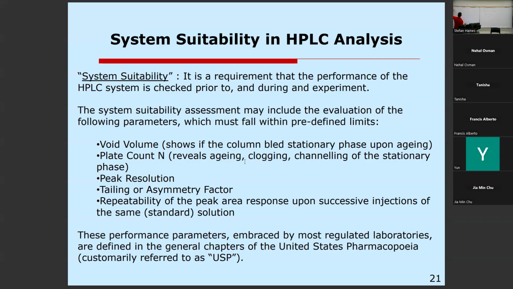So 2 times small f. So the f would be from the peak maximum to the leading edge of the peak. So here, the distance from here, the leading edge of the peak over here, this would be your small f. So the further your peak tails, the bigger your tailing factor will be.